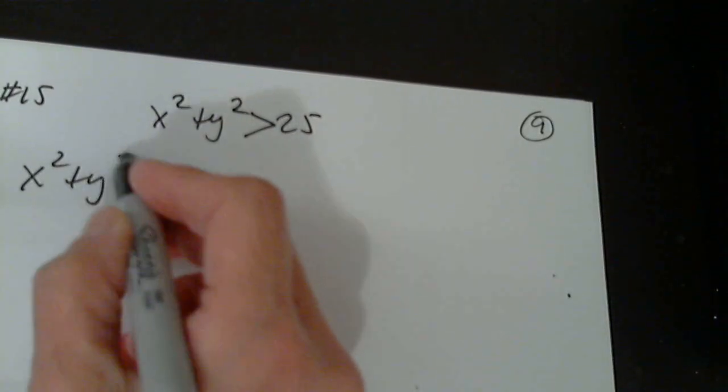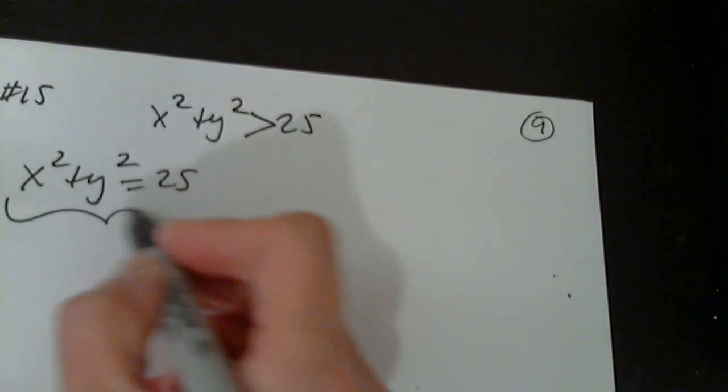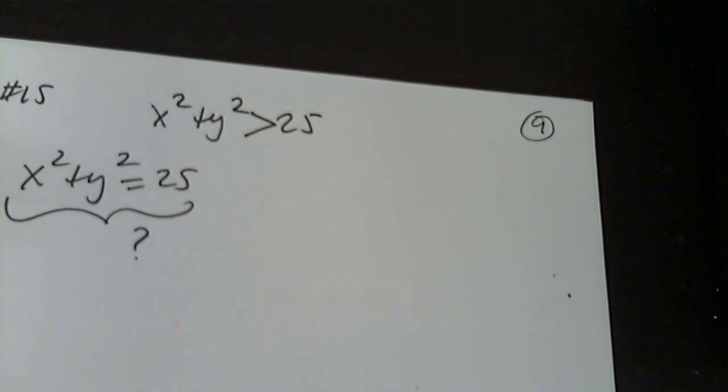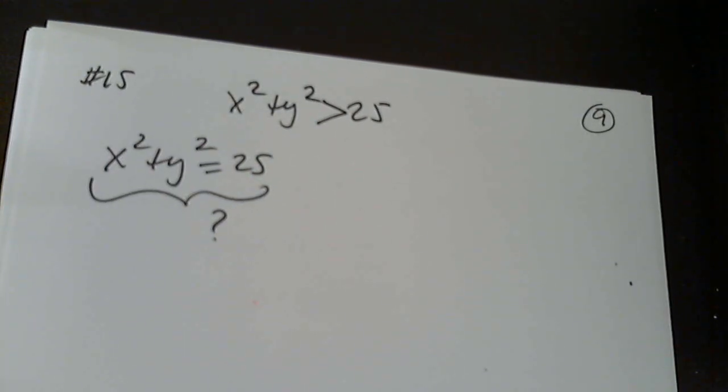X squared plus y squared equals 25. What type of equation is this? We graphed this many times. We know what it represents. What does it represent? We've seen this before. We graphed it too.